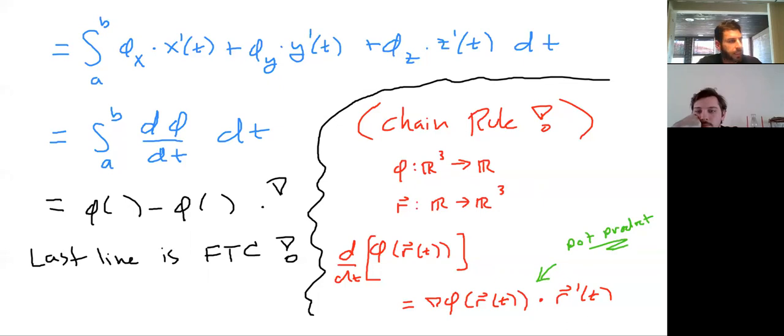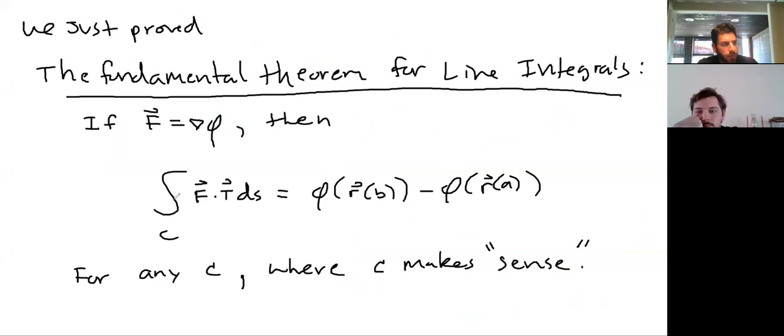Phi doesn't make sense at A and B, so I'm kind of abusing notation. I don't want to do that. This is really r evaluated at b, and then phi evaluated at r evaluated at a. So actually, what I mean is what you see right here. This is what we actually proved.